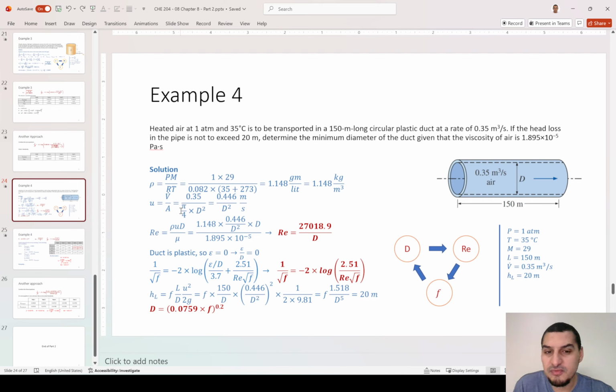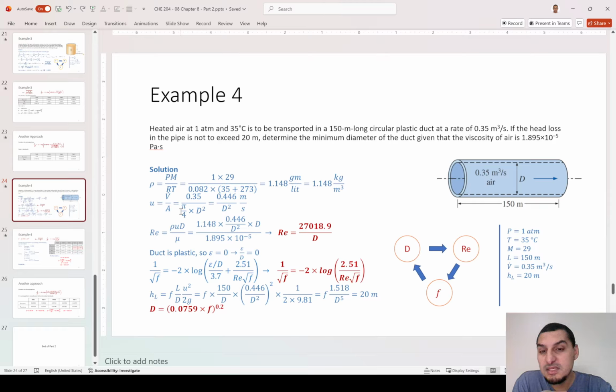But if you have a problem where you apply the Bernoulli equation and you don't know the diameter, there might be some other velocities. I mean, you can have it in terms of u squared over 2g. So this will make the equation more complicated.